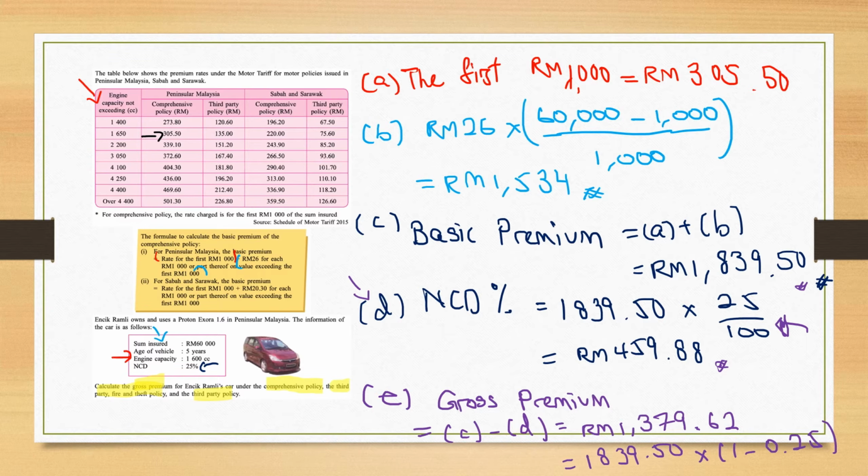So you take 1839 ringgit and 50 cents times 75%, you will still get this particular figure right here. So that's a quick tip for you. Instead of slowly calculating it and then minusing it, you can just immediately do 1 minus 0.25 and then calculate times 75%. There you go.